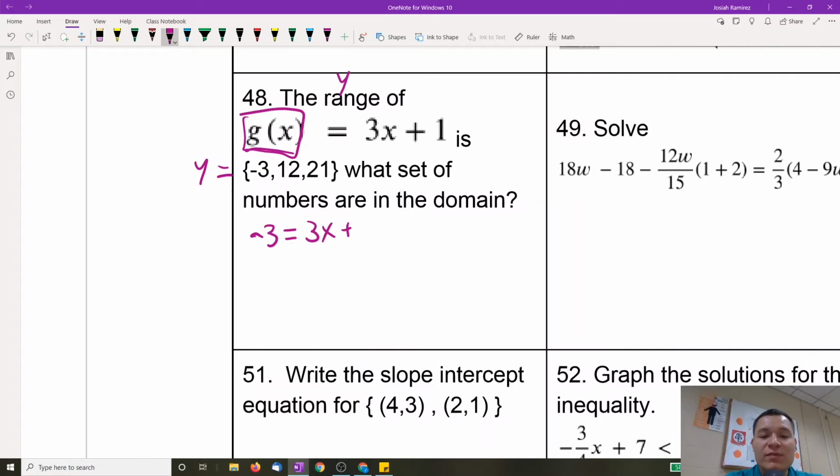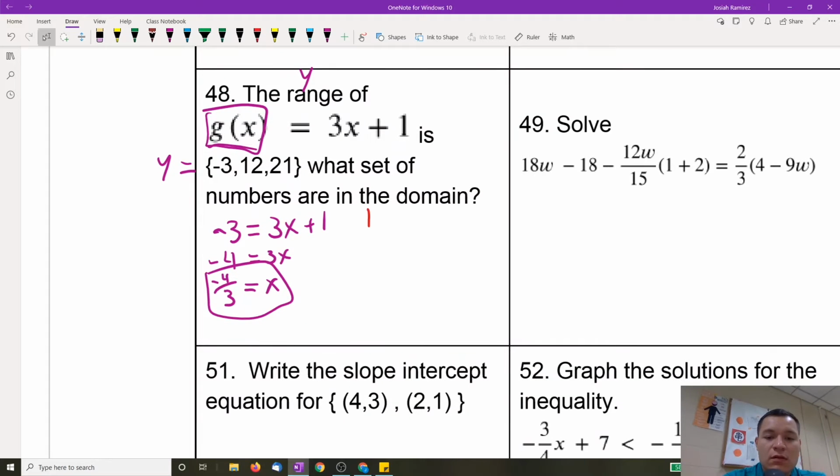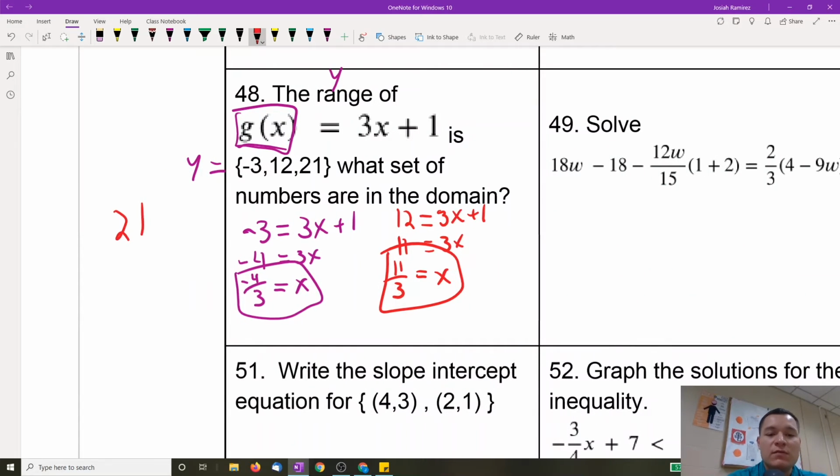Then we have 3x plus 1. So we'll subtract the 1. Then we'll divide by 3. That's one of the answers. Now we'll have 12 for y equal to 3x plus 1. We'll subtract 1. Then we'll divide by 3. That's our second answer. We need one more, 21.